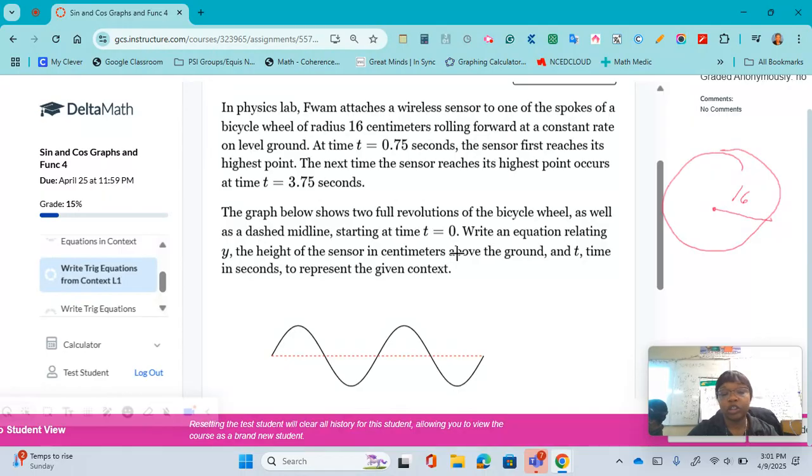At time t equals 0.75, the sensor reaches its highest point. The next time the sensor reaches its highest point is at t equals 3.75. So we have two peaks here, which also represents one full period.